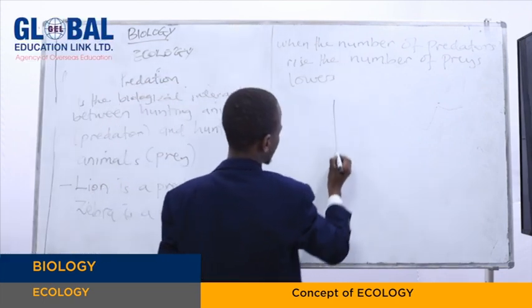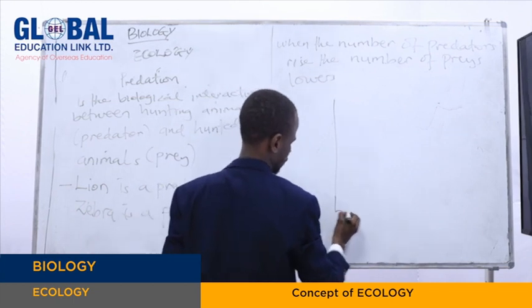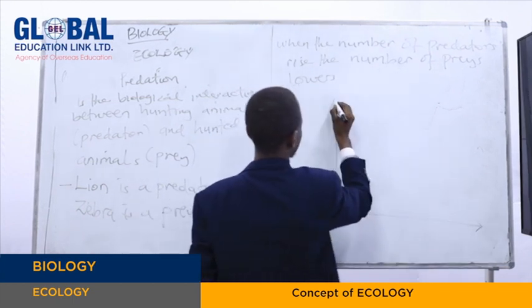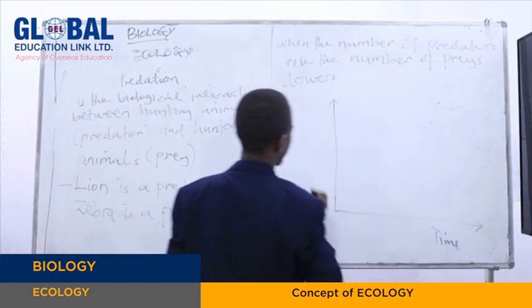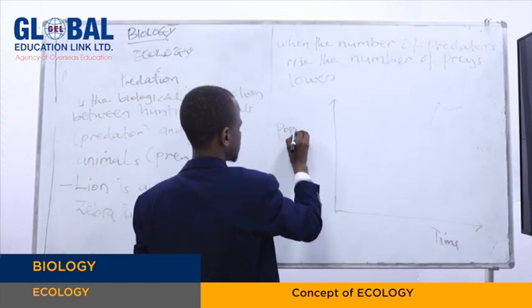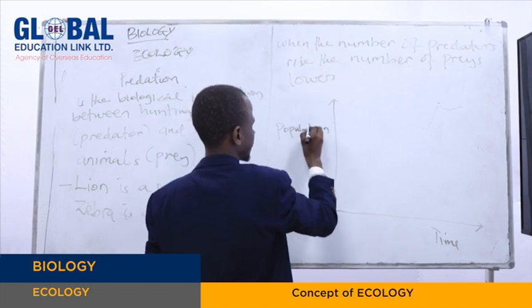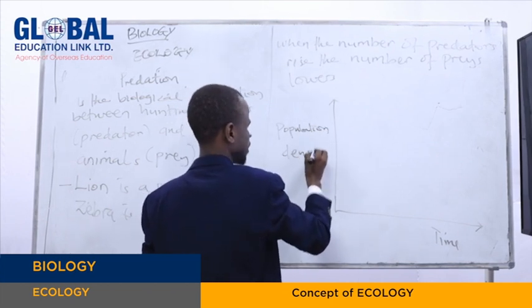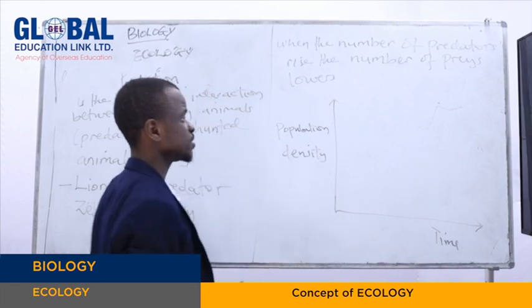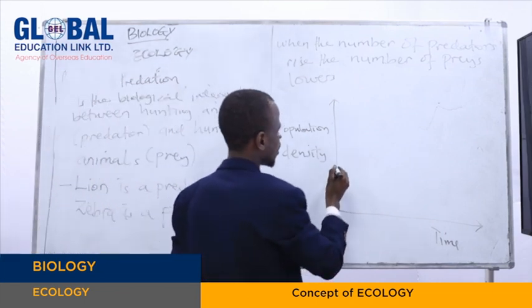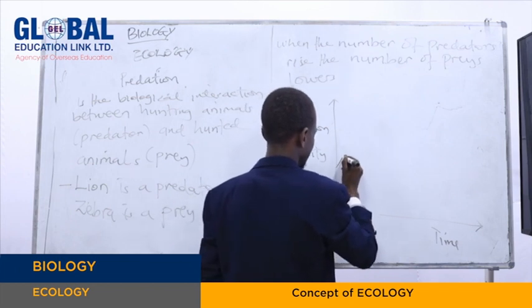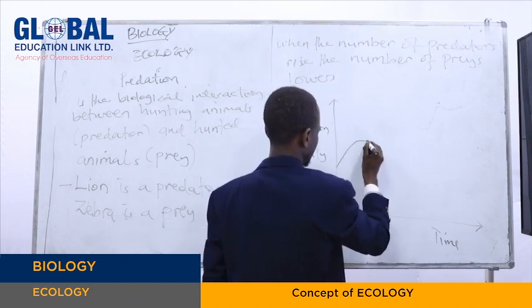Take an example, my students. We have time here, and we have the population density here. Population density means the number of organisms per unit area.